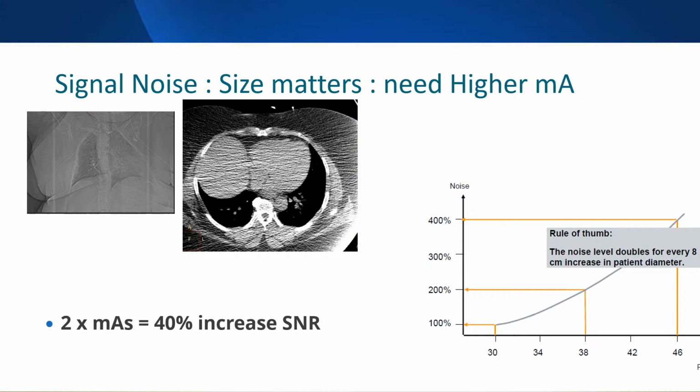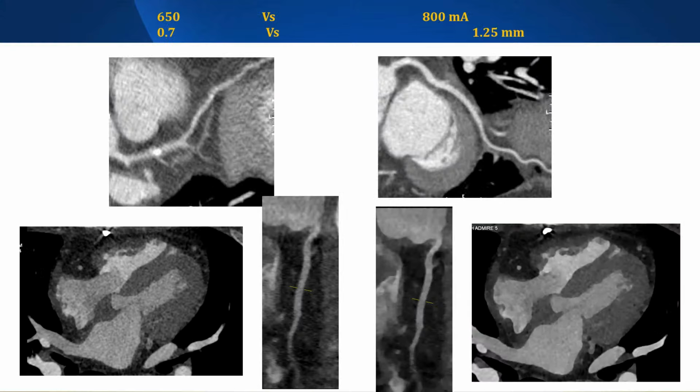The machine directly calculates the attenuation and determines the MA. But sometimes if you're a big patient, you can adjust. You can increase it up to, sometimes, 1,000 MA. Okay, this is another example, lower MA versus higher MA. Again, you can see the difference, less noisy.